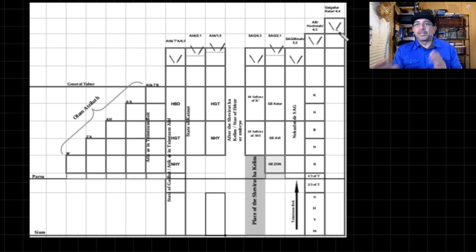Alright, so that's the line. And these other blocks that we have here, they're not separated, they're still inside here, but we're separating these in order to explain the different sensations of the vessel. Alright, so this is Adam Kadmon right here.